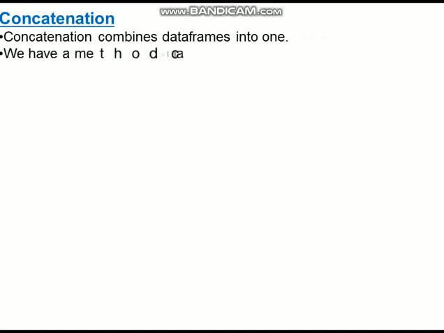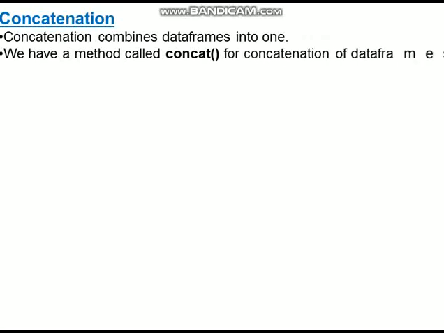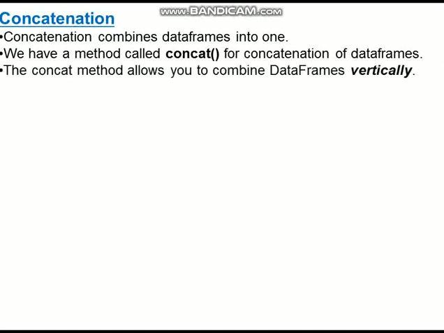Concatenation. This is the next operation associated with data frames. Concatenation once again combines data frames into one. We have a method called concat for concatenation of data frames. But the concat method always combines data frames vertically.